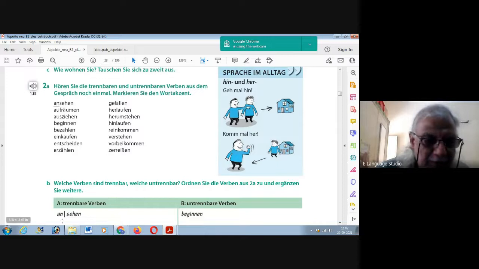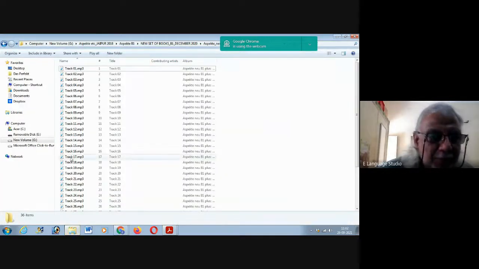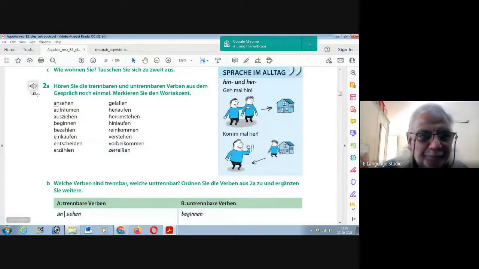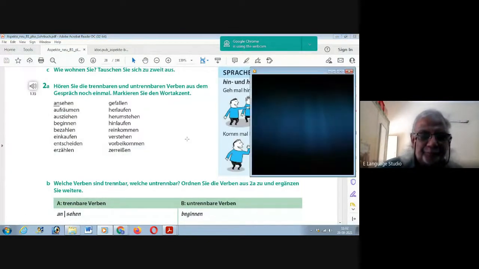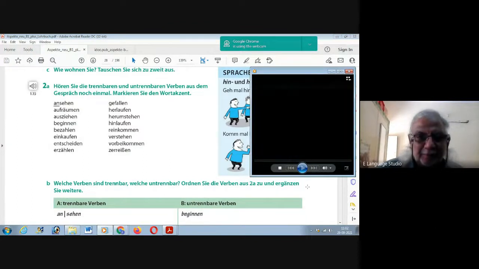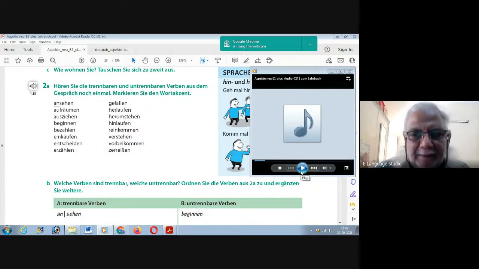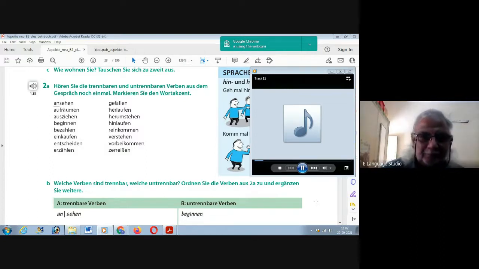So let's now keep my promise of the pronunciation. So here, diese Wörter. Modul 1, Aufgabe 2a. Ansehen. See how clearly he said ansehen, with the stress on the verb.